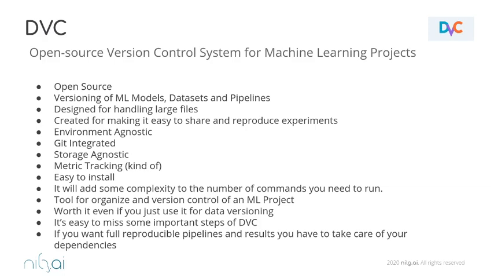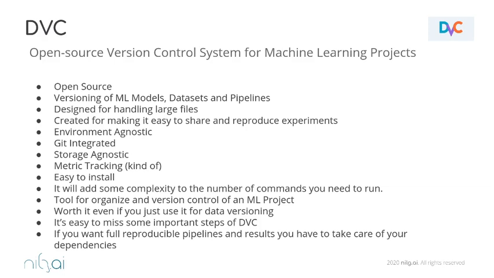DVC can keep track of everything in this pipeline and what its dependencies are. It can detect if something in between has changed, warns you, and can retrain if you want.